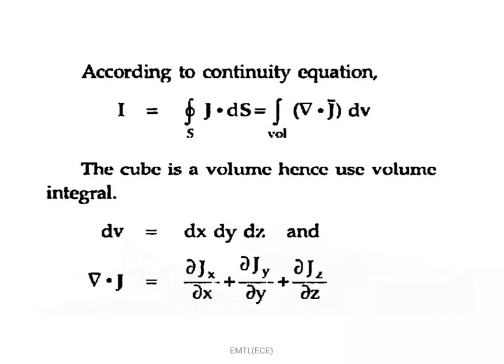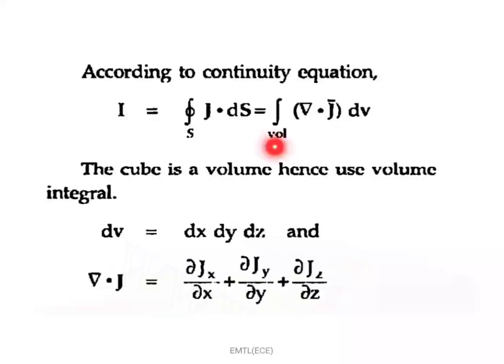Now the solution is, according to the continuity equation, I is equal to integral J bar dot ds. Now this surface integral, by using Gauss divergence theorem in terms of volume, becomes integral del dot J bar dV. Why?